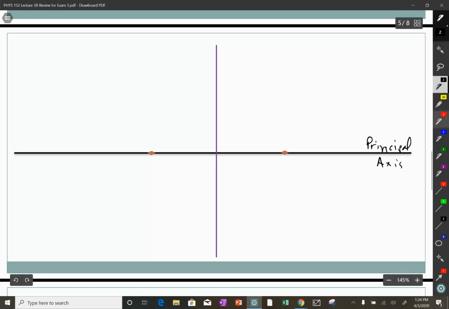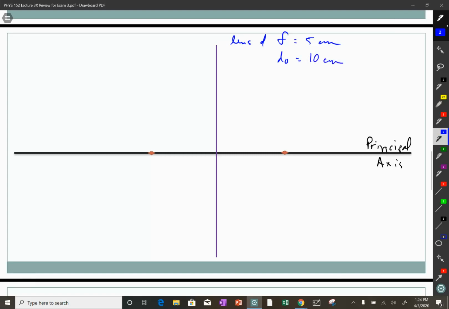So in this case, I'm going to just choose to have a lens of f equals 5 centimeters and object distance equal to 10 centimeters. Okay, so you'll have something like this. I'll just give you numbers.